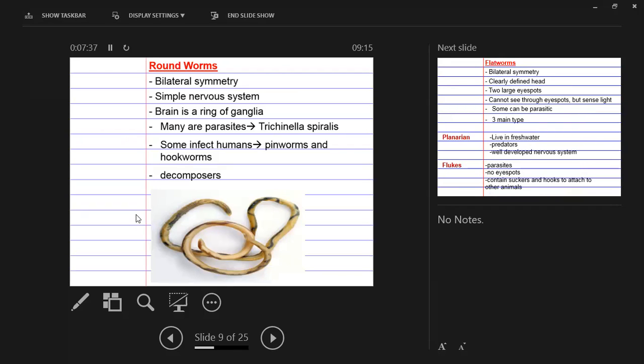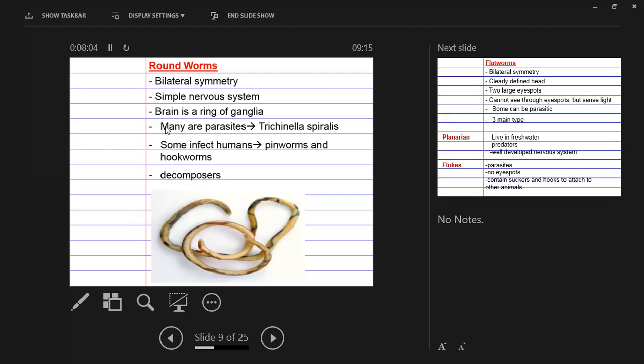Now, roundworms. Roundworms have bilateral symmetry and a simple nervous system. The brain is a ring of ganglia.